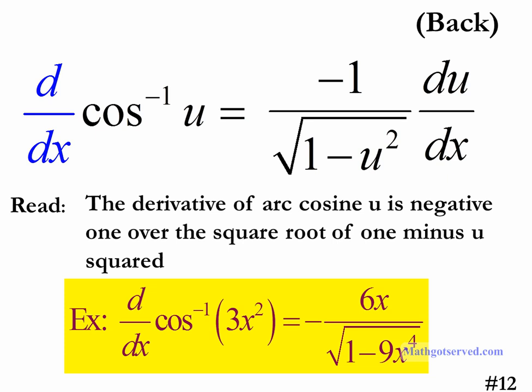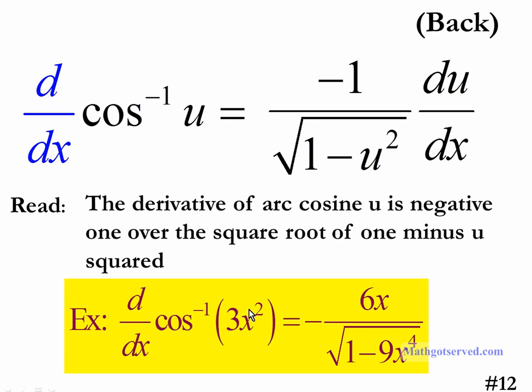In this case, u is the inner function 3x squared, so the derivative of the outer function arccosine is going to be negative 1 over the square root of 1 minus u squared. Since u is 3x squared, u squared is going to be 9x to the 4th as a result of squaring 3 and x squared. Now you have to multiply that derivative by the derivative of the inner function, du dx.